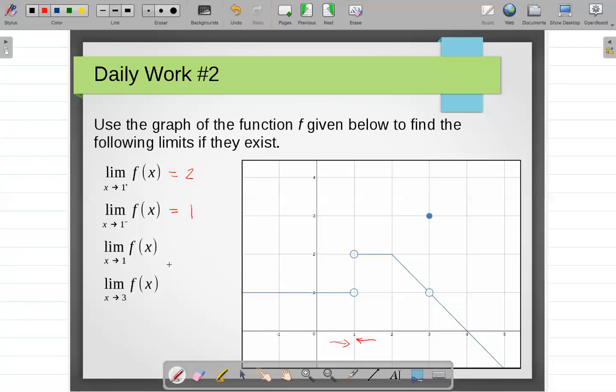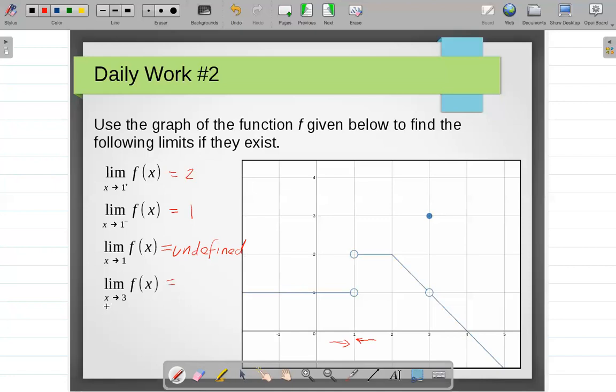So what about the limit as x approaches just 1? For this one, we'll have to look at both right and left. From the right is 2, from the left is 1. So we have two different numbers. So that's why it is undefined, right?